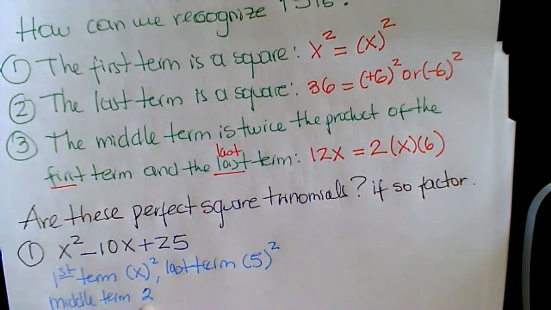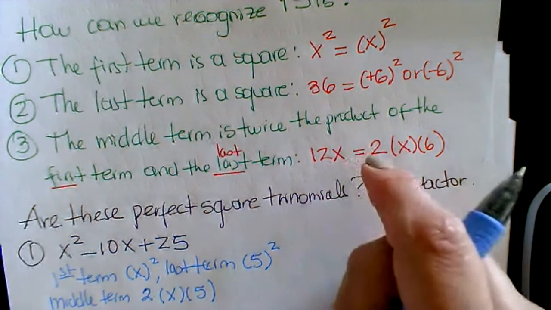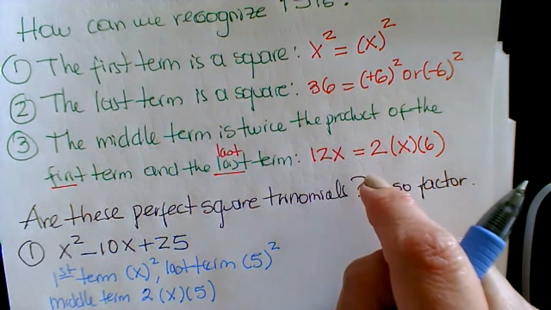So the middle one is going to be 2 times what I have in between parentheses, which is x and 5.